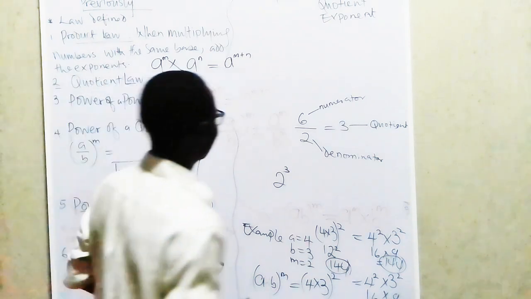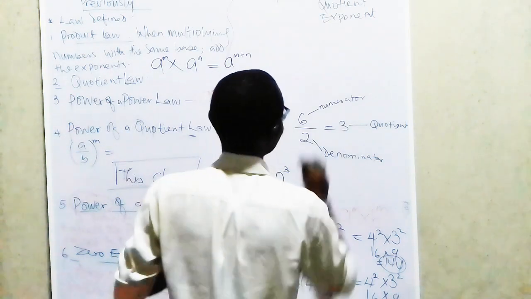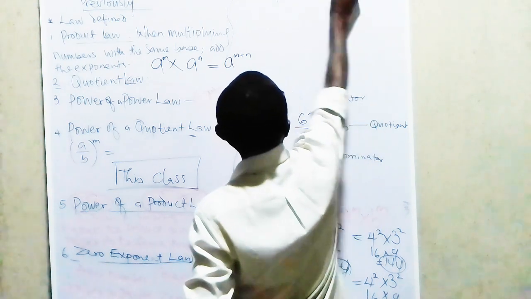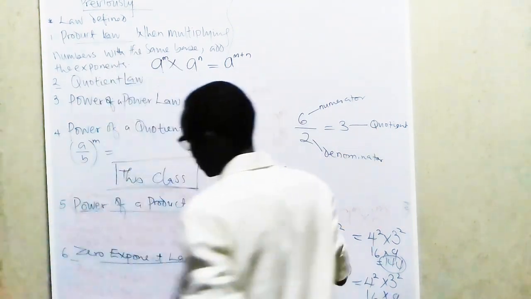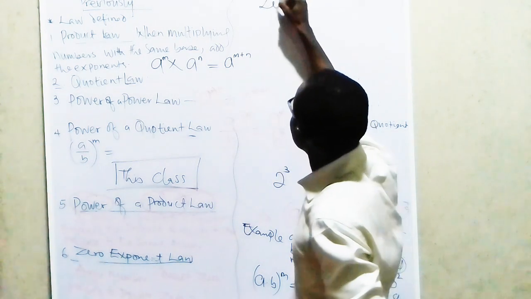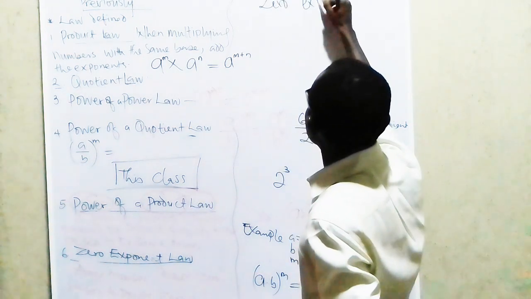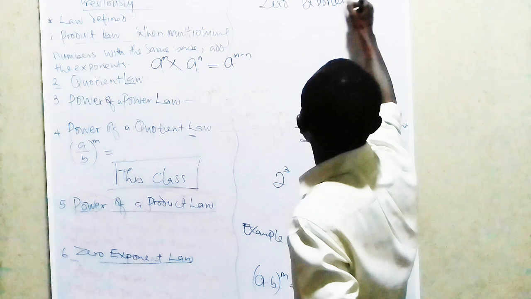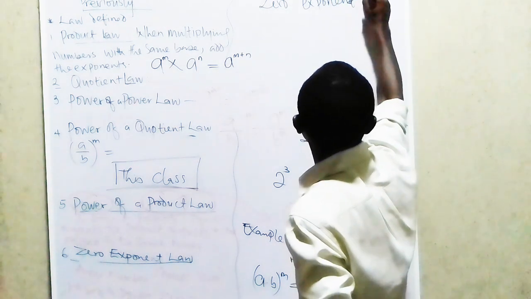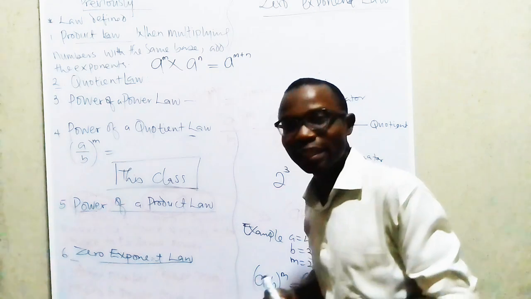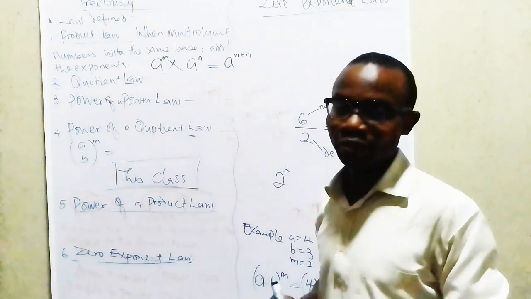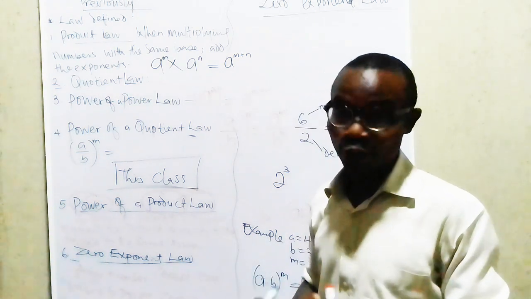This is quite simple. The zero exponent law says this. What that means is: any number except 0 itself raised to the power 0 is equal to 1.